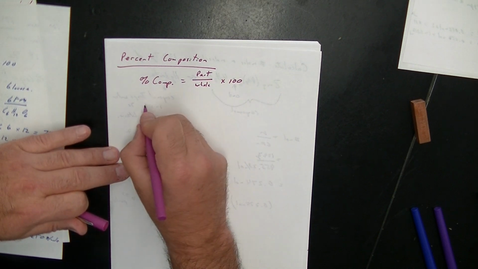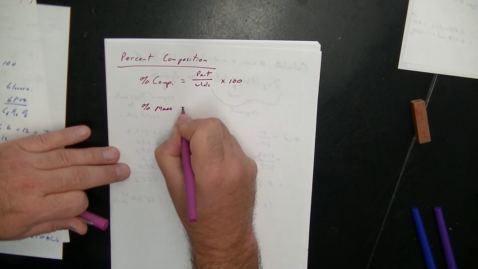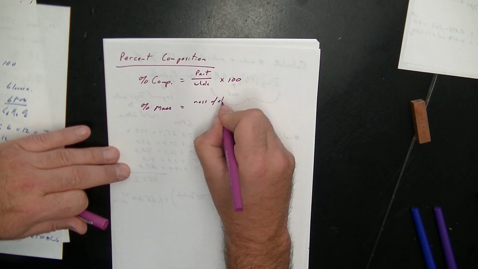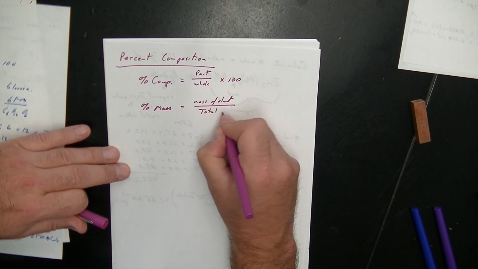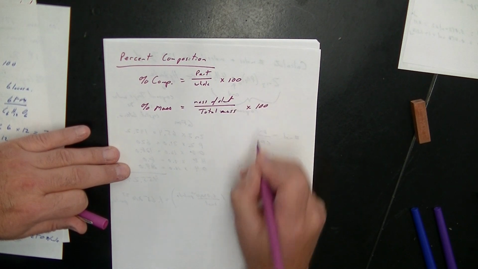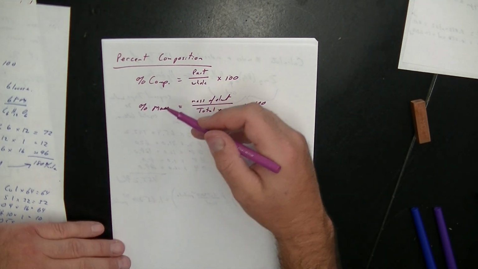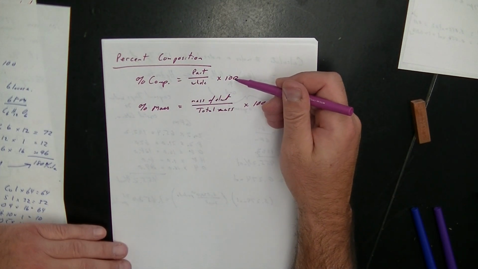And sometimes you see it this way, percent mass of the element over total mass times 100. These two things are the same thing. They're just percent composition. So this is percent mass, percent comp. Okay, they're just part over whole times 100.